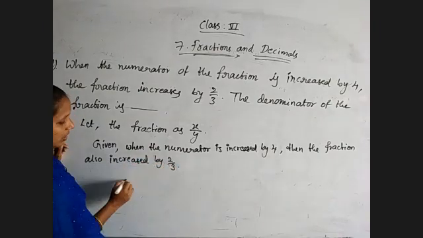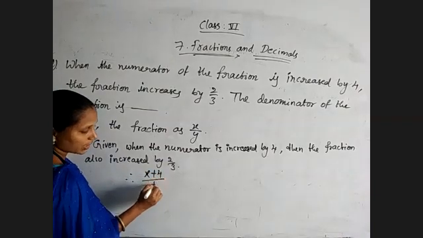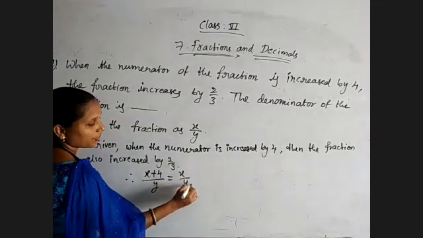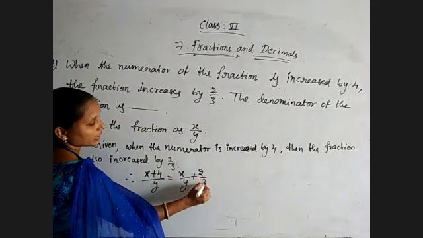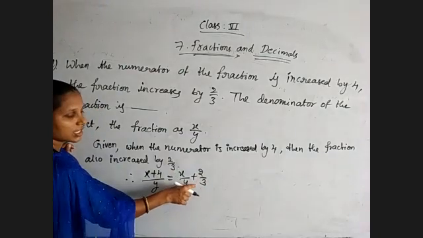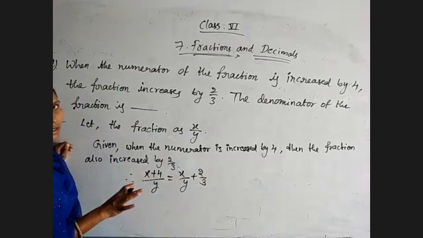That means when numerator x is increased by 4, the denominator remains the same, but the fraction is increased by 2 by 3. That's all. The fraction is x by y. It is increased by 2 by 3 when you add 4 to the numerator. This is the condition.